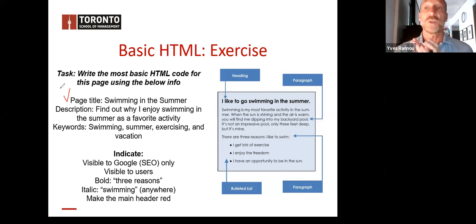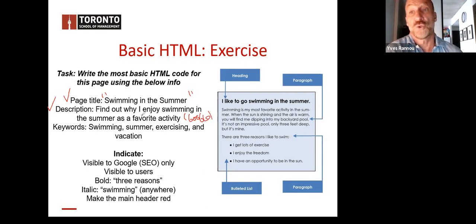Now I'm saying, let's make sure we include the following elements into our code too for search engine optimization. So the page title will be swimming in the summer. Our description will be find out why I enjoy swimming in the summer as a favorite activity, which you will see on Google search results too, and some of the keywords.